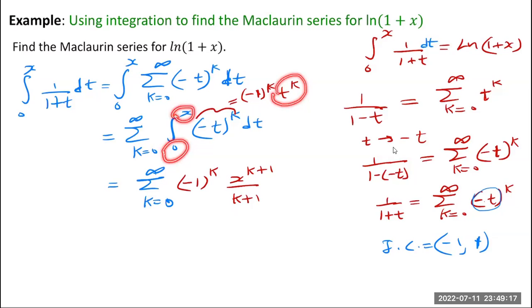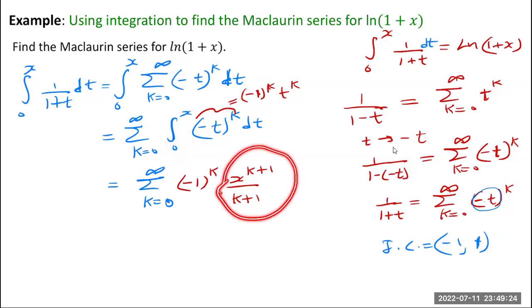If you plug in those limits, you get x to the power k plus 1 divided by k plus 1, because the lower limit gives 0, so only this survives.